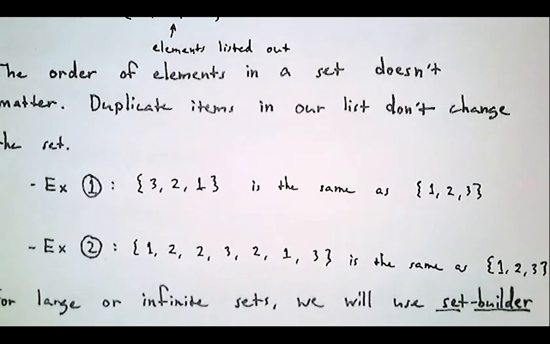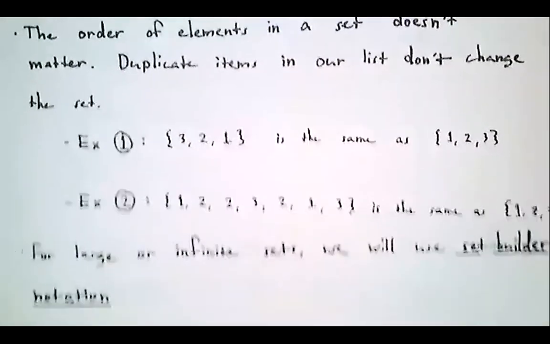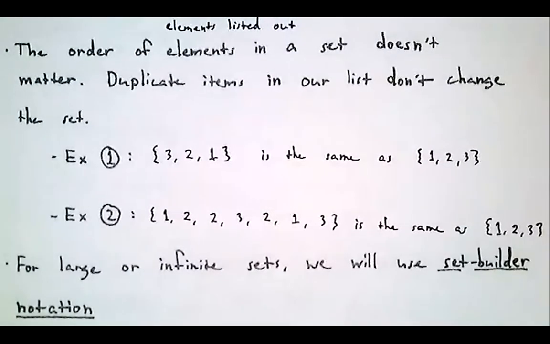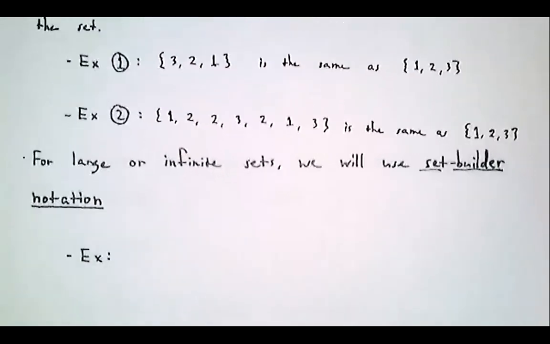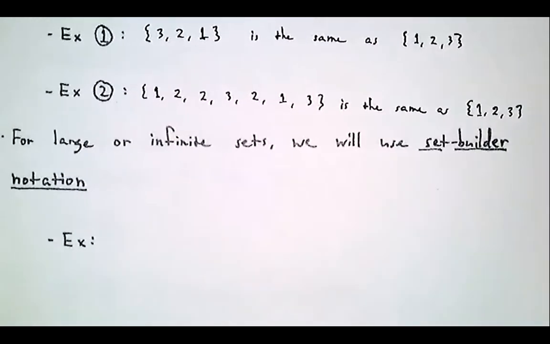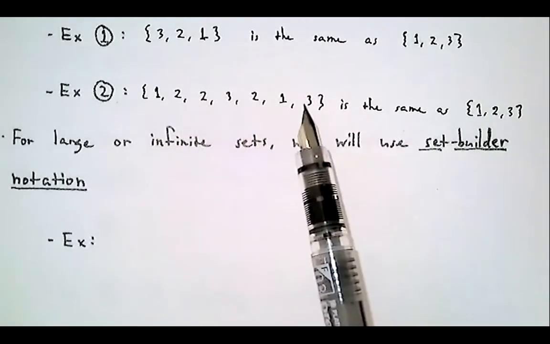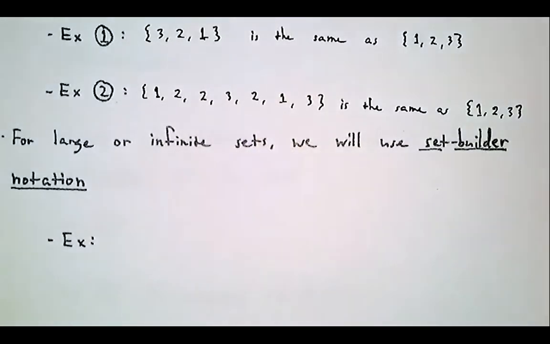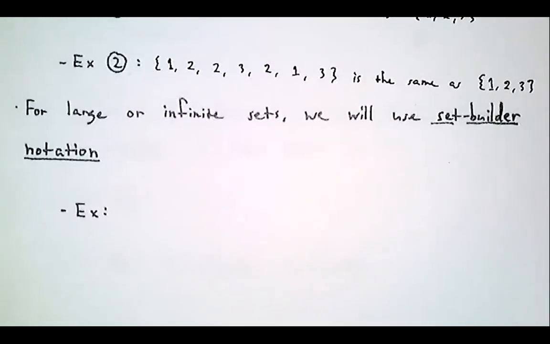Okay, so this method of writing sets, zoom out a little bit here. This method of writing sets by listing out the elements can get tedious pretty quick. Even for this set where I've listed out 1, 2, 3, 4, 5, 6, 7 elements, you don't want to write that out all the time. And a set could have thousands of things in it. It could even have an infinite number of things in it.